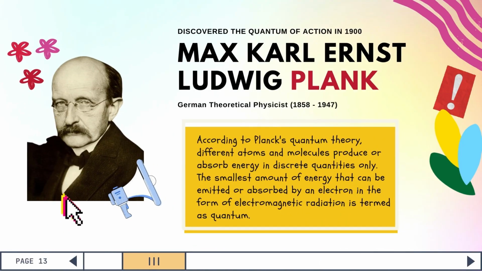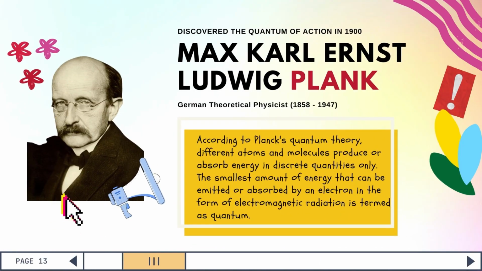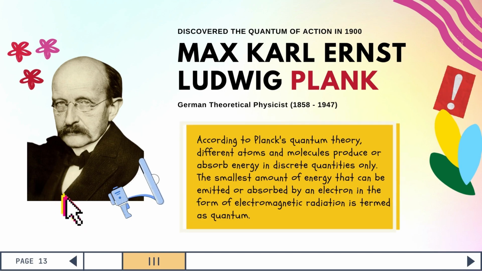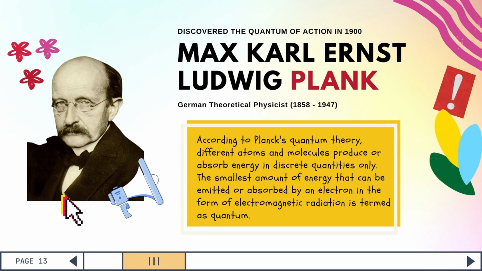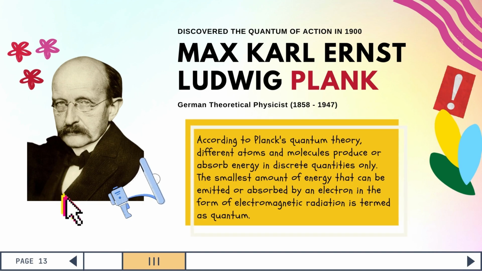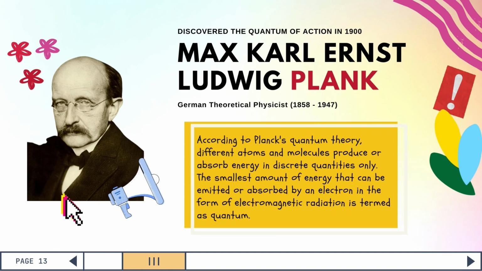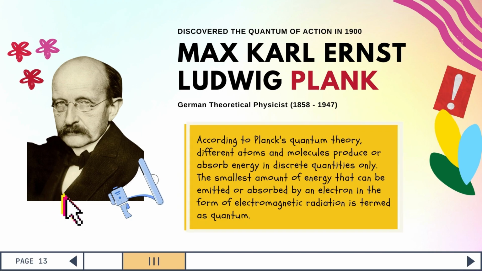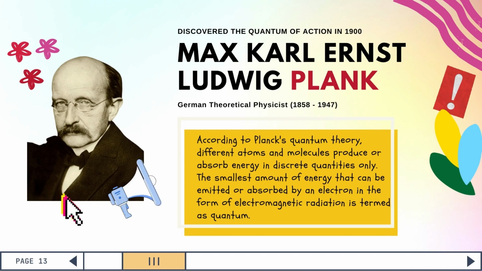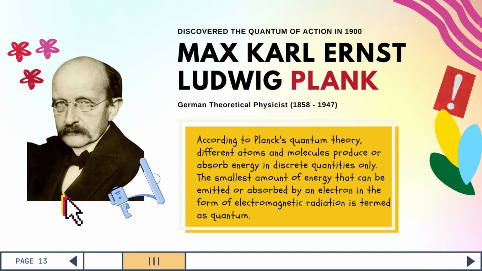Max Planck was considered as the father of quantum theory. In his theory, there are two claims that must be remembered. The first is that different atoms and molecules produce or absorb energy in discrete quantities only. The smallest amount of energy that can be emitted or absorbed by an electron in the form of electromagnetic radiation is termed as quantum.